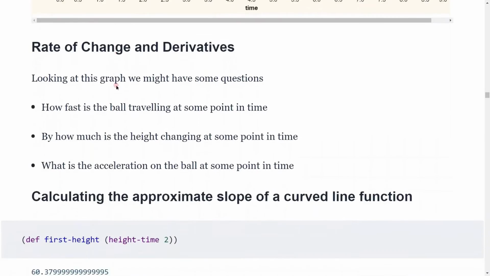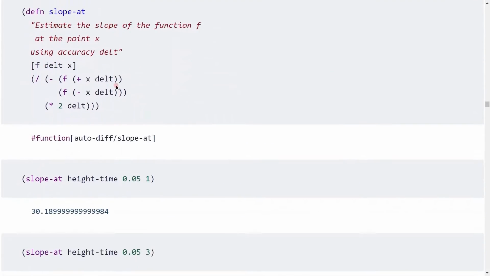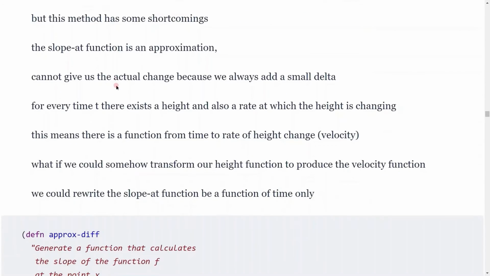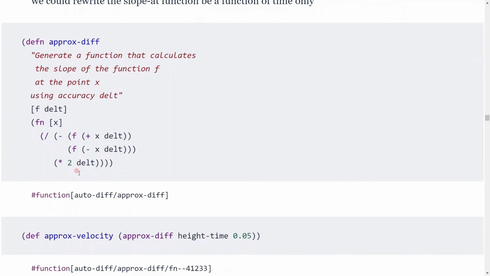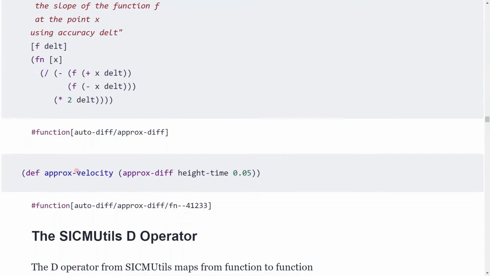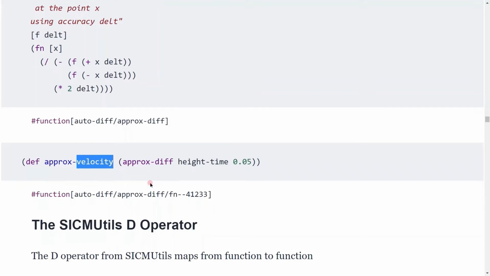One way to do that would be to modify our slope at function, and this is the result, an approximative function that gives us another function. The result of this function we can call on time, and it will give us a slope. But this function is also an approximation, so even if we get an approximate velocity out of this function, it will always be an approximation.